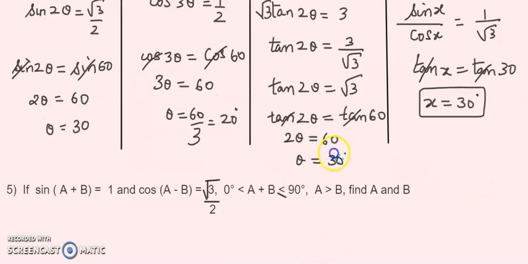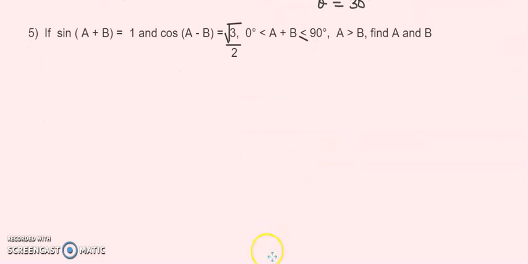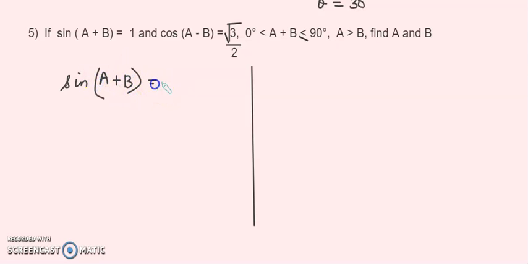Now I'm going to take 2 different types of questions wherein we'll get 2 equations. We already did 1 question in the previous video, but I've taken 2 or 3 questions so that you understand the concept. So first, sin(A plus B) equals 1, right? Which angle of sine is 1? Yes, sine 90. That means sin(A plus B) is equal to sin 90. The sine and the sine get cancelled off.